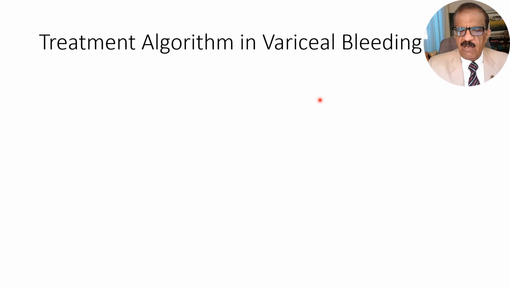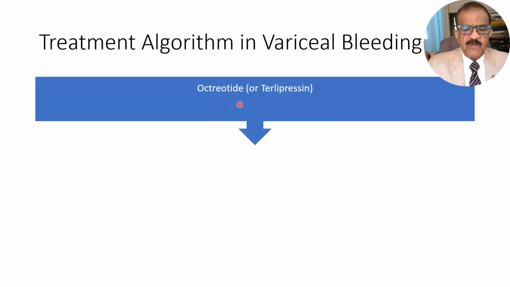Treatment algorithm in variceal bleeding. First of all, we have two vasoactive agents. One is octreotide and the other one is terlipressin. Terlipressin is actually a derivative of vasopressin, and that came into the market later. Octreotide is a derivative of somatostatin, which normally regulates our splanchnic circulation.